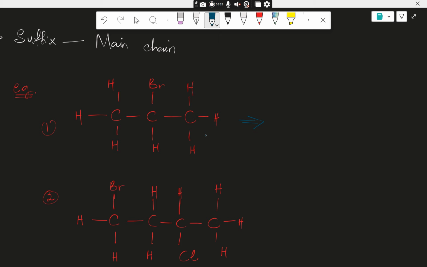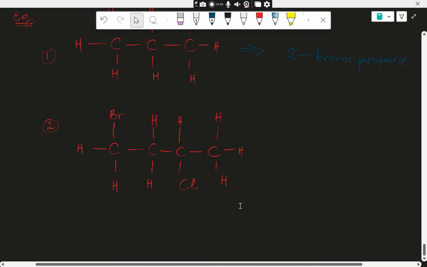It's a halogen, bromine, on the second carbon atom. So it will be 2-bromopropane. That's how you write it, so that's the name of the first one.